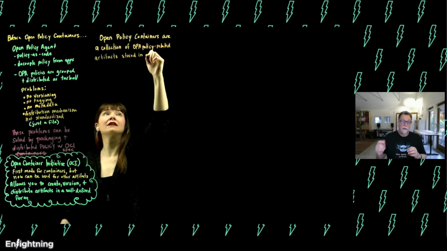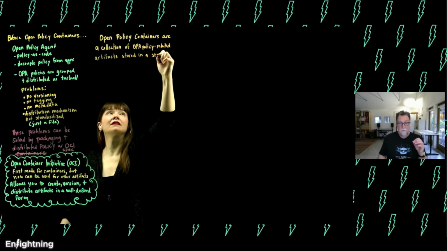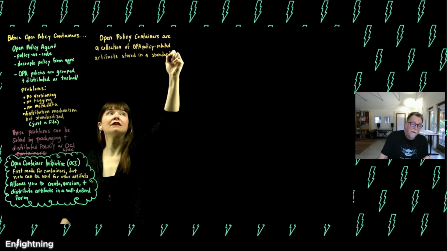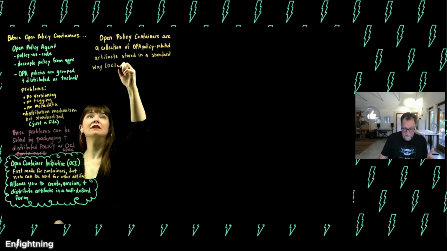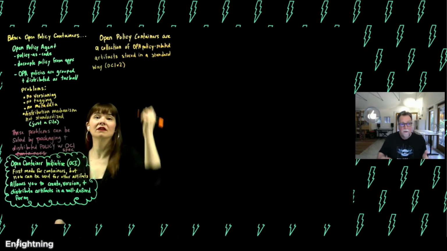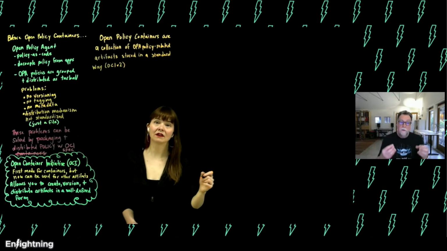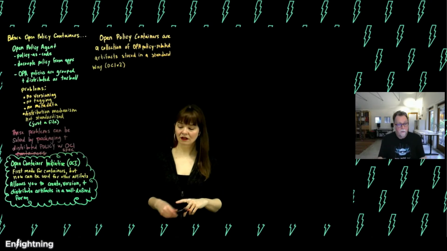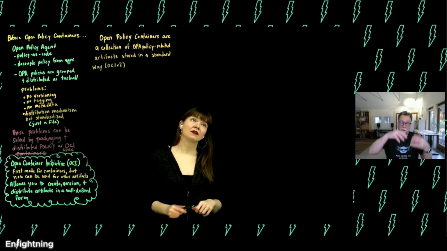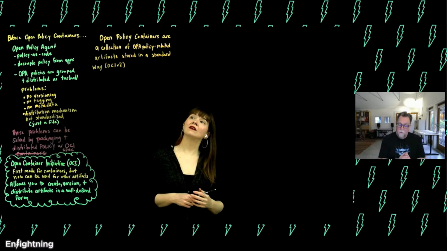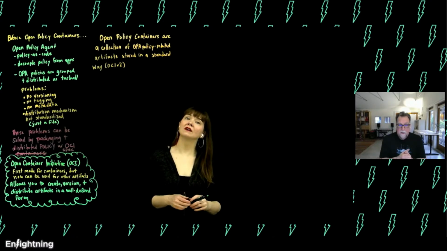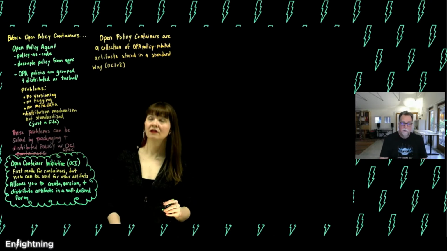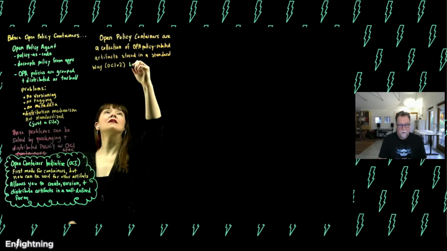That gives us the ability to now use semantic versioning, labeling, and metadata to learn about these policies inside the container. You just created this wrapper around the OPA artifacts that allows me to reason over it in terms of what is it, when was it built, where was it built, who's building it.